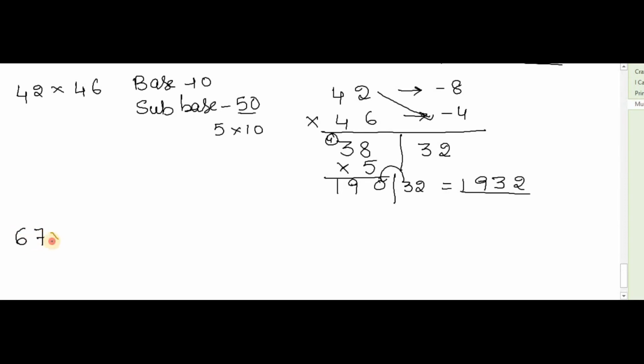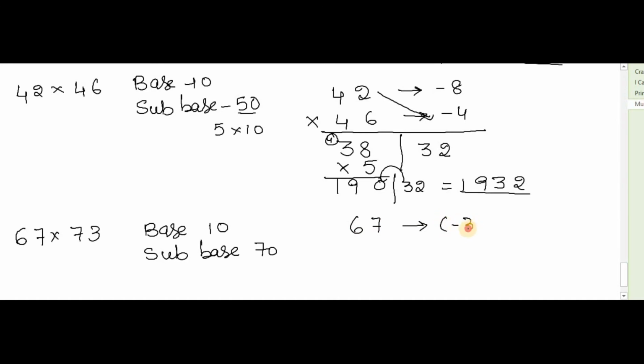67 multiplied by 73, and here I'll consider the base of 10, and the sub base we'll consider 70. Both are near to 70. So 67 is less than 70 by minus 3, and 73 is more than 70 by plus 3. So 67 plus 3 is 70, and plus into minus is minus, 3 3s are 9.